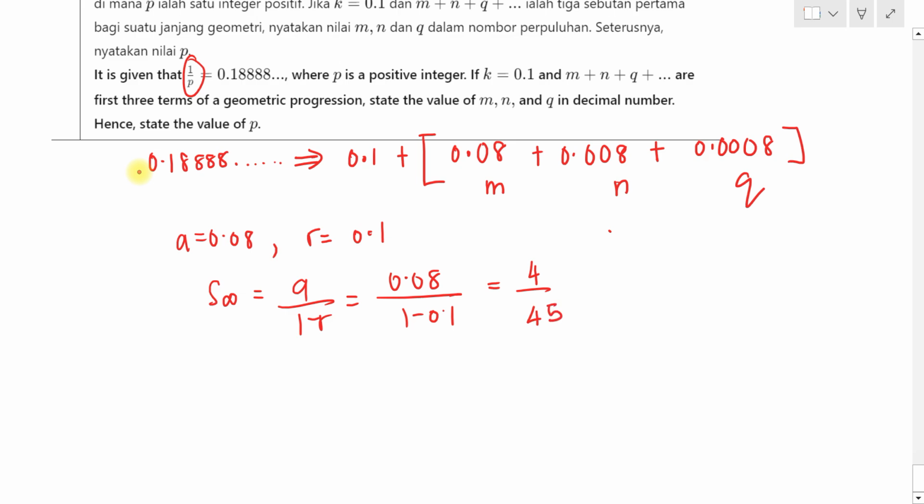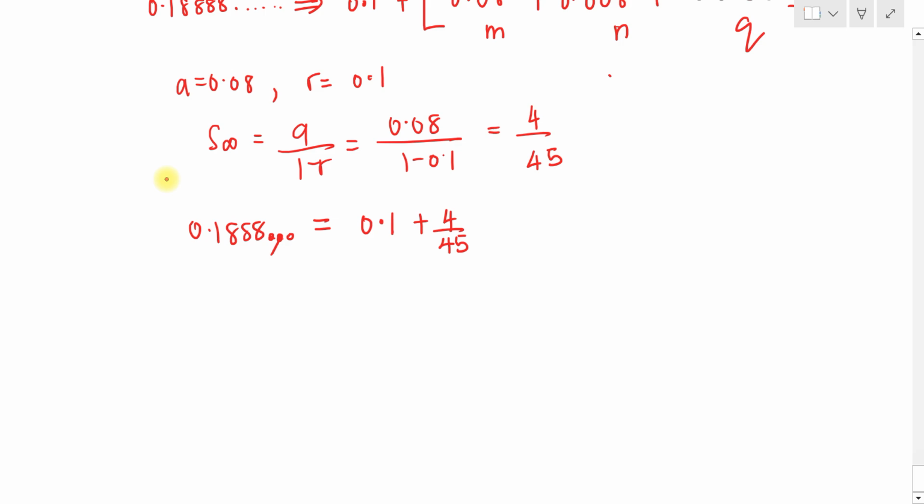Okay, when you press 4 over 45, we get 0.08888. But for 1 over p, don't forget you have a 0.1 there. So 0.1888 is actually equal to 0.1 plus 4 over 45. So what do you get?